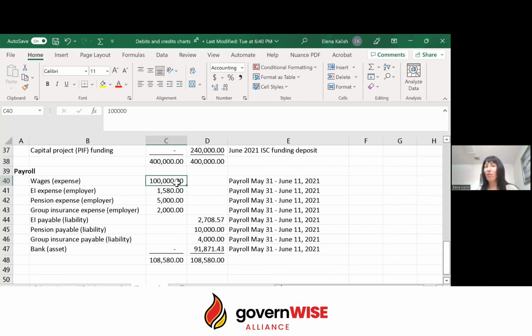Whether we want to think about it further, the other side is either decreasing a bank account, that's an asset and is naturally in debit, so a decrease would be a credit, or an increase in a liability, all these payables related to payroll. A liability is naturally in credit. So to increase liabilities, we credit liabilities. So again, on the credit side, I have payroll liabilities and a reduction to my bank account, money that was actually taken out of my bank account.